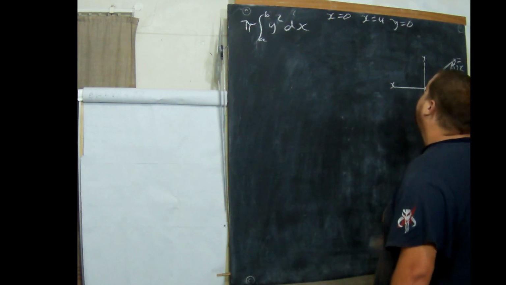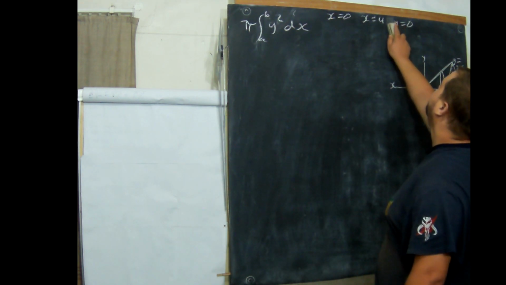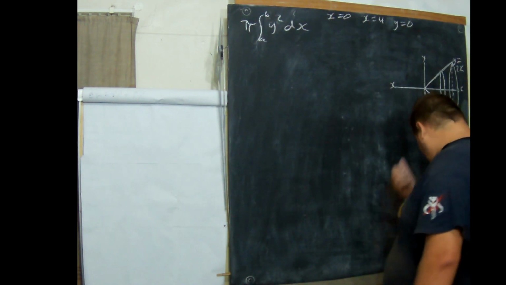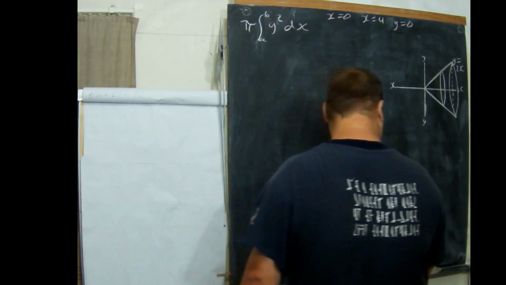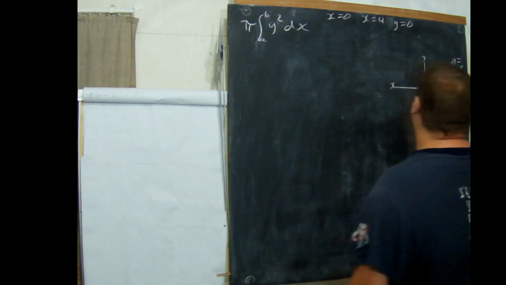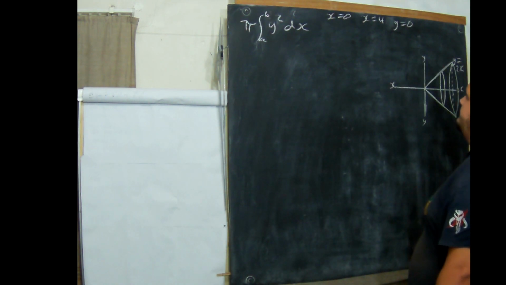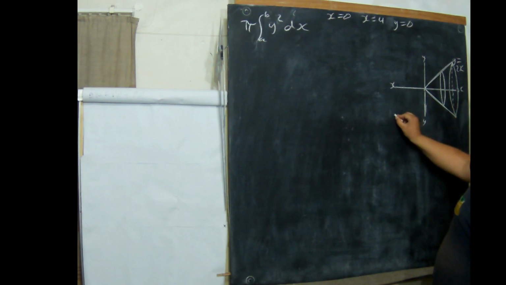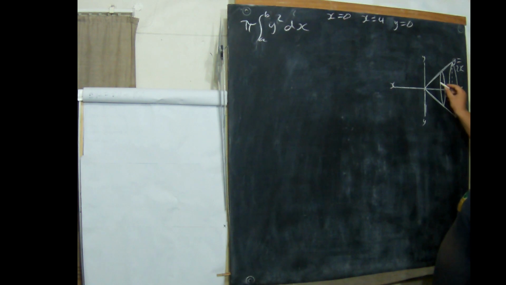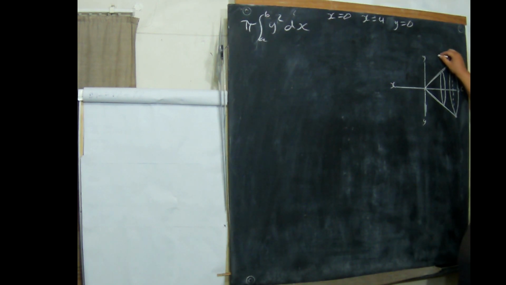So y equals 2x. That is our main line over here. It actually goes from there to there. But for purposes of us, we're taking the first quadrant and the fourth quadrant. Good, so it works like this.